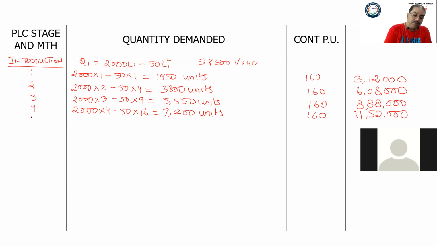Month number 5. 2,000 into 5 minus 50 into 25 gives 8,750 units.